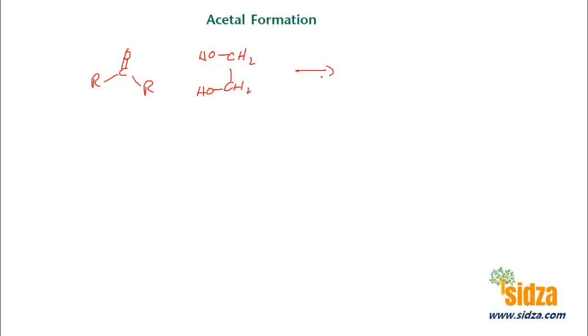They produce a cyclic ketal like this. When you react this ketone with the dihydric alcohol, the H here and the oxygen from here you can replace, and then you get a molecule something like this: R and R, now you've got oxygen, OCH2, and CH2, oxygen.